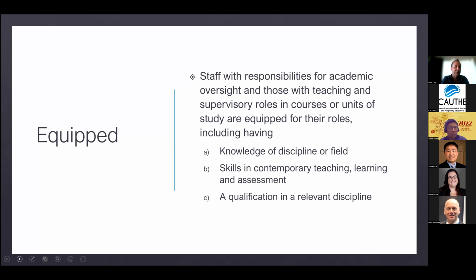In the academic context, the staff with responsibilities for academic oversight, and those with teaching or supervisory roles within courses or units of study, are equipped for their roles, including having: one, knowledge of the discipline or field; two, skills in contemporary teaching, learning and assessment; and three, a qualification in a relevant discipline. What equipped means is having all three of these. It's not an either or; it's having all three elements within their profile.